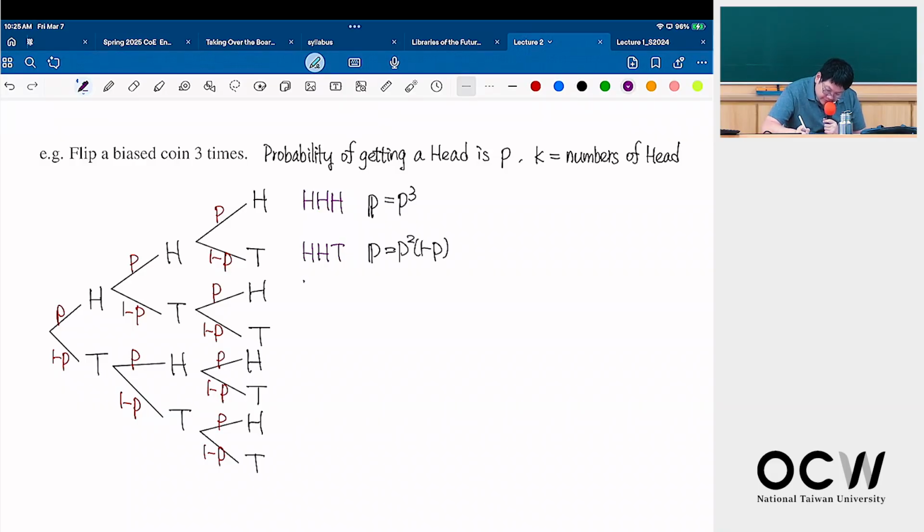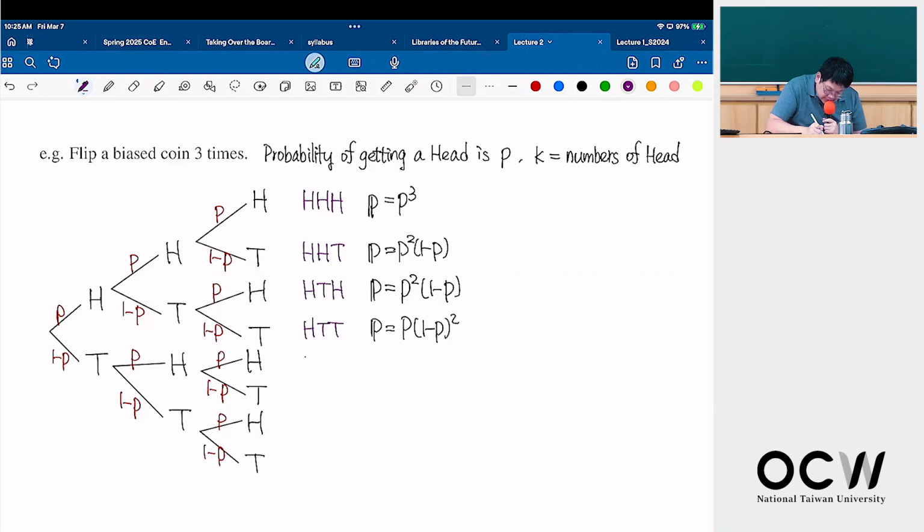Or we get head, tail, head. It's still 2 heads and 1 tail, so that probability is still p squared times 1 minus p. And then you have head, tail, tail. So the probability is p times 1 minus p squared.